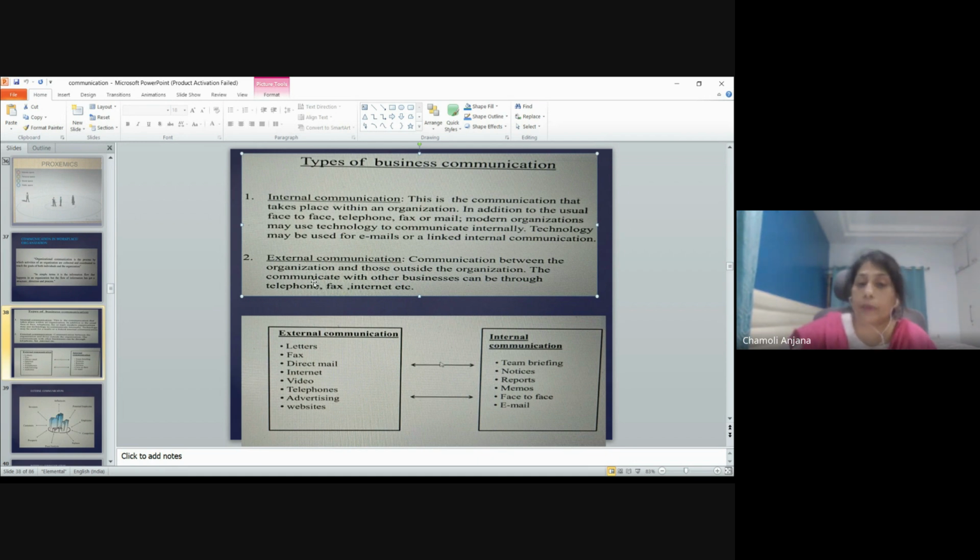So what society expects from the organization, all this communication takes place between the organization and these external parties. Then shareholders: whenever the AGM has happened, the minutes of the meeting have to be shared with the shareholders. So all sorts of communication have to be exchanged with all these external parties.